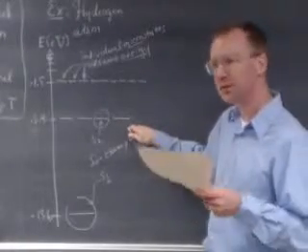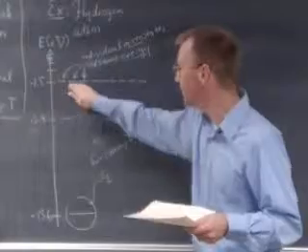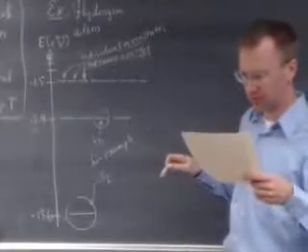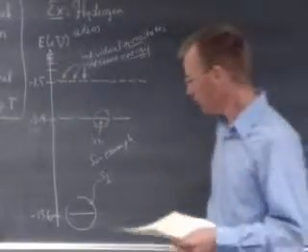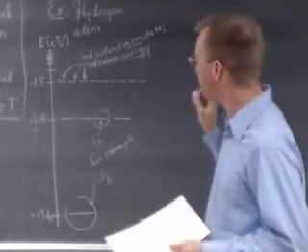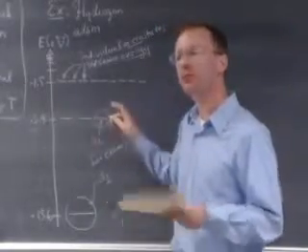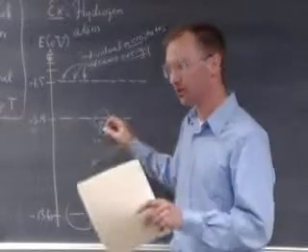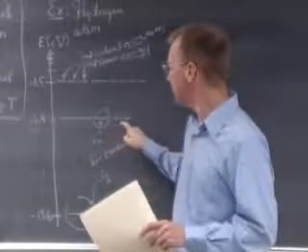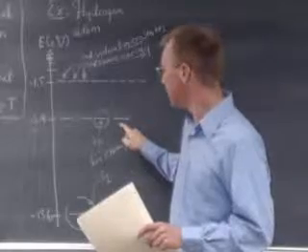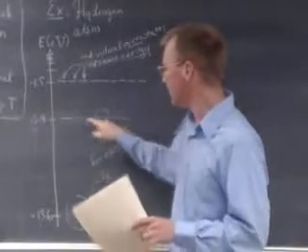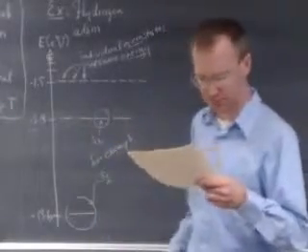But in general, there will be a different probability of it being in a different energy level. So we're going to find that the probability that the electron is in any given microstate depends on that microstate's energy, and it's equally likely for it to be in any microstate of a given energy.